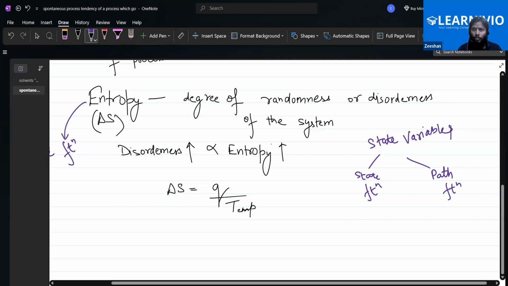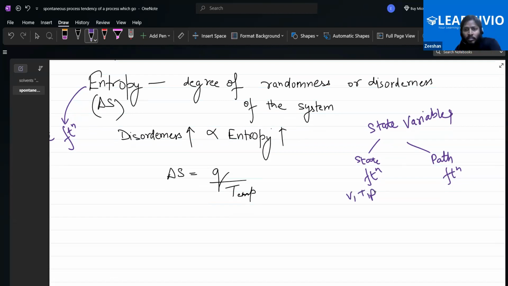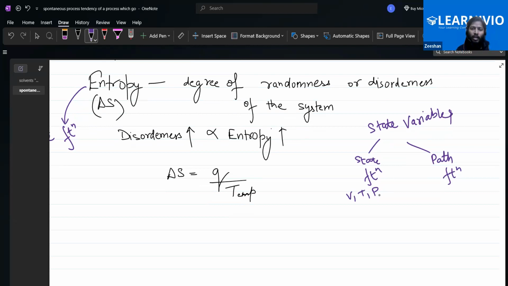You can take out your past notes and revise them. State functions are like volume, temperature, pressure. I don't think you may have doubt in this, that you cannot take out any state's volume or temperature or pressure. That's very easy. At any time you can take out what is the volume of the system, what is the temperature of the system, what is the pressure of the system, right? Yes, sir.